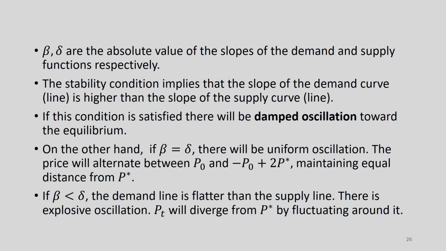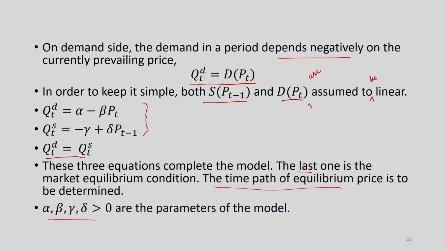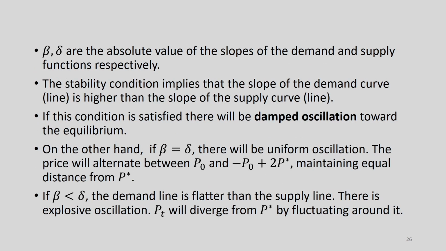Now, what are beta and delta? Just recall, beta and delta are the absolute value of the slopes of the demand and supply functions respectively, right. These are the two functions, right. So, beta and delta are the absolute values of the slopes of these two functions, demand and supply.